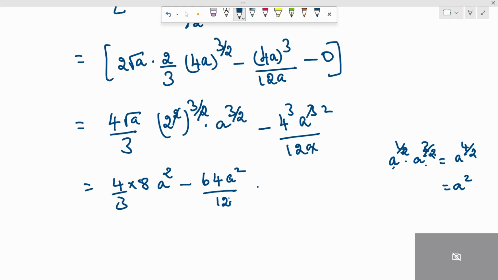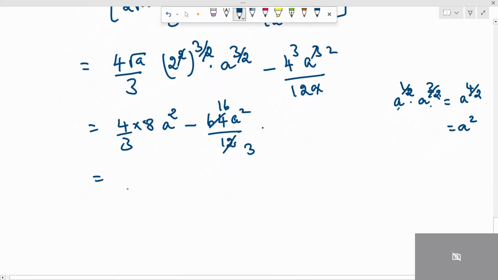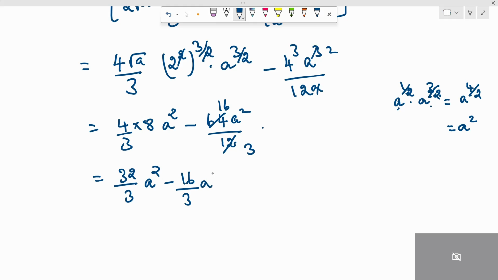Here we can remove 3 4s are 12, here 16 4s are 64, 4 8s are 32 divided by 3 a square, minus 16 by 3 a square. If we subtract these two terms, both the denominator values are the same, so we can subtract the numerator terms. 32 minus 16 will be 16 by 3 a square, which is the final answer.